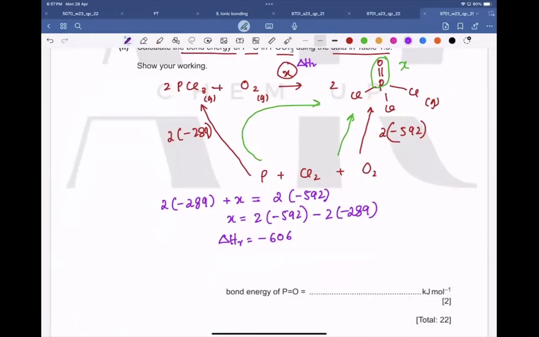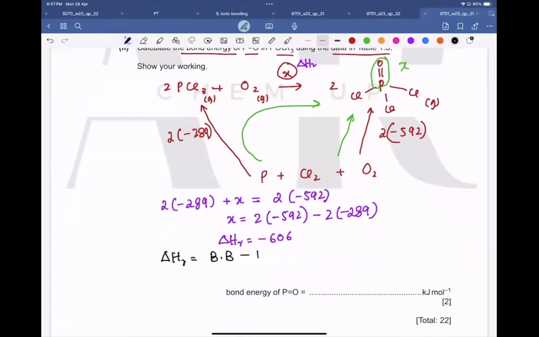Now, if you recall the other formula, the enthalpy change of reaction would be the energy involved in bonds broken minus the energy involved in bonds formed or made, isn't it?